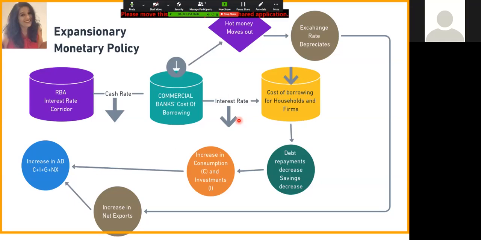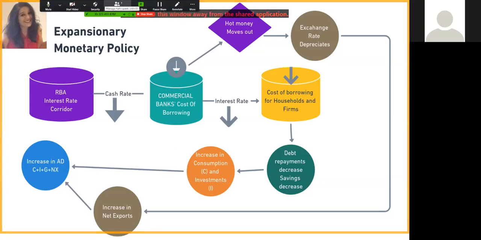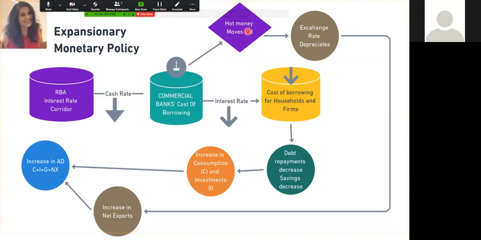Now, two things happen when the interest rate goes down in terms of a flexible exchange rate regime. The economy can have this impact, that is the hot money. And what's that hot money? The money that moves from place to place in search of better returns.